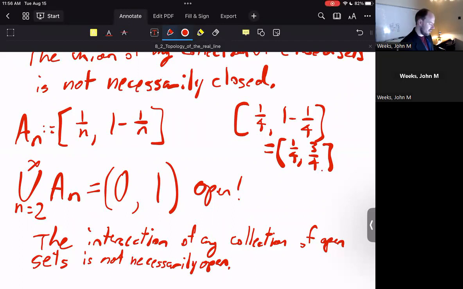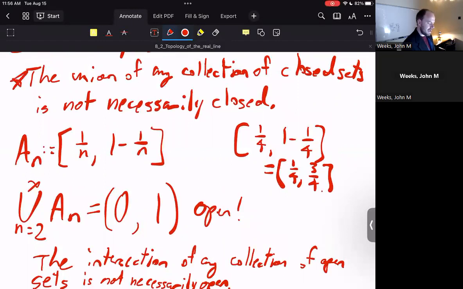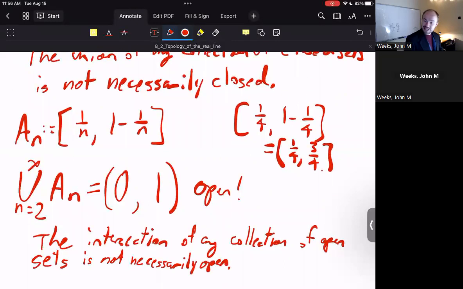So De Morgan's laws already show us this other statement based off of what we've shown right here. But we could also just give another example. The intersection, as n goes from 1 to infinity, of the open intervals 0 to 1 over n. In fact, let me do it a little bit differently here. Let's do it like this: from -1 to 1 over n.